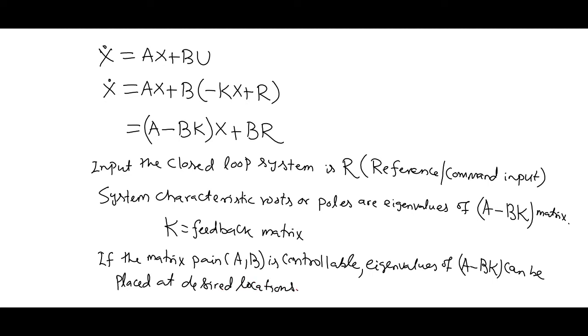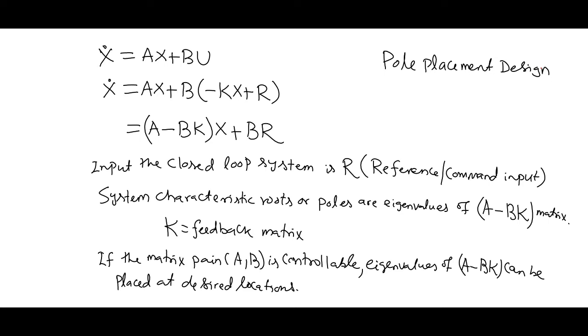That means, because the eigenvalues or characteristic roots or poles can be placed at desired locations, the system can have the desired dynamics. So, this is the pole placement design. Pole placement design is the technique to place the closed loop poles, that means the roots of the closed loop system.